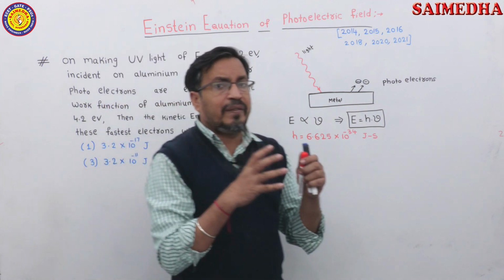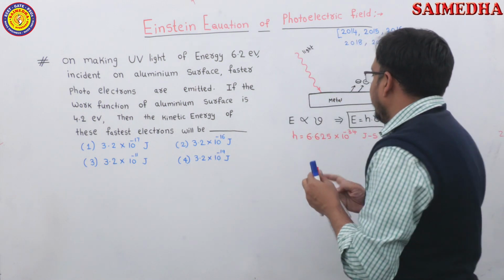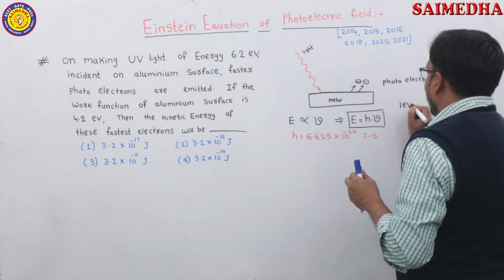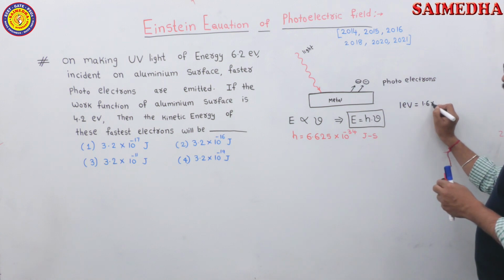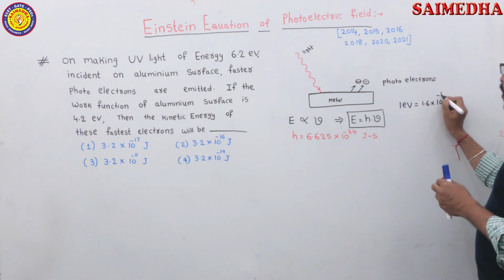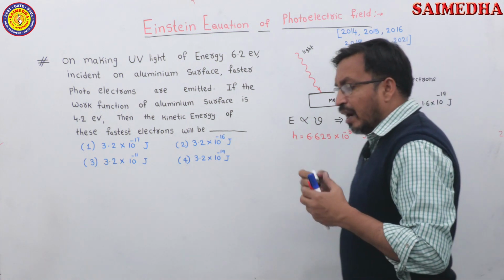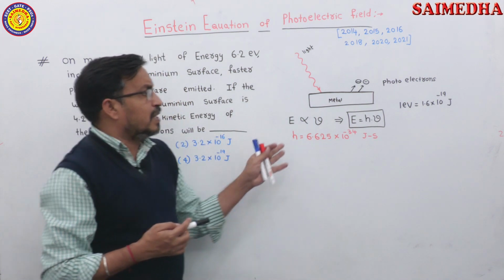The relation between electron volt and joules: 1 electron volt is equal to 1.6 into 10 power minus 19 joules. Sometimes the question asks for energy and the answer is given sometimes in joules and sometimes in electron volts.